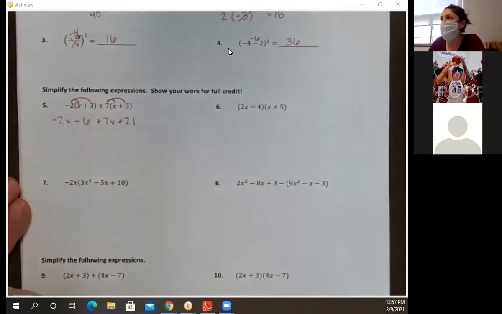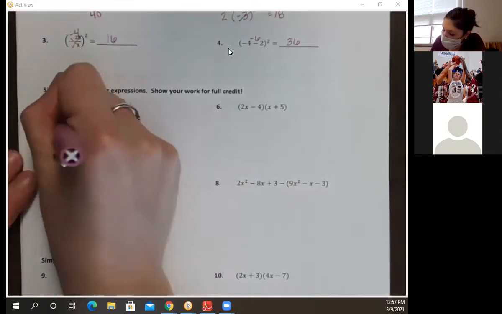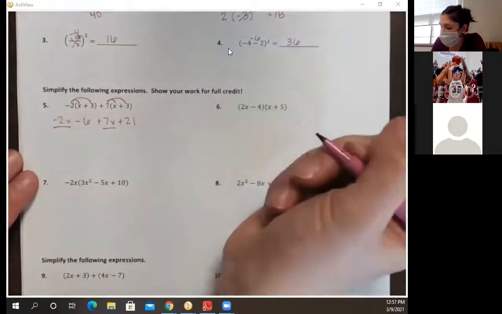Once I've distributed, I want to simplify this by combining my like terms. So like terms means x terms that have the same exponent, constant terms, those things with no variable, x terms versus y terms, stuff that has the same sort of label, if we think about it that way. So I'm going to combine my -2x with my 7x.